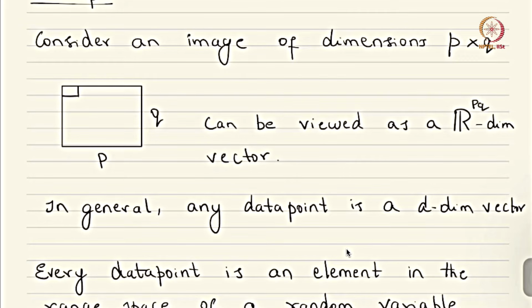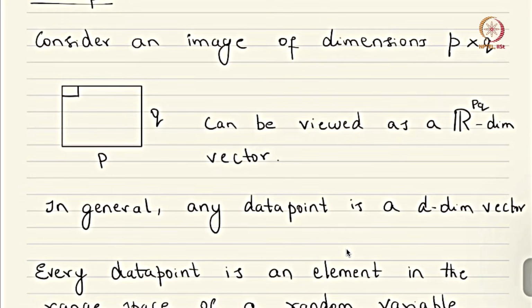You understand now? Question? I didn't get how it is pq. I mean, it is a rectangle in pq dimensions. How is it a vector? Okay. See, the question is how is that a vector? You represent an image as a rectangular grid of pq pixels, but you can view that as a vector by stacking all the rows of this matrix one after the other.